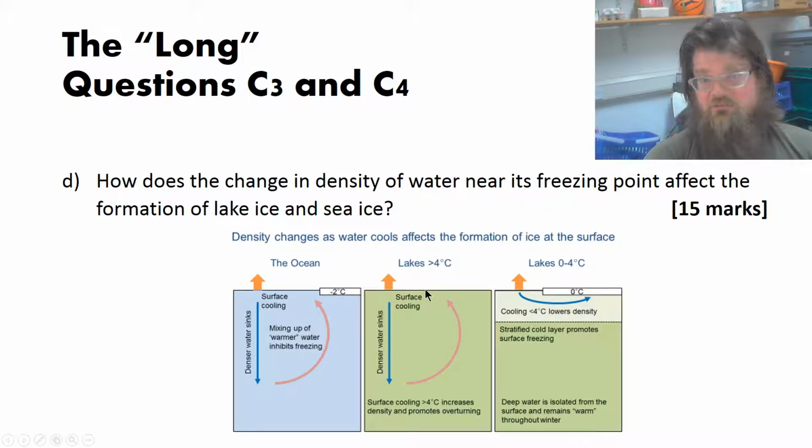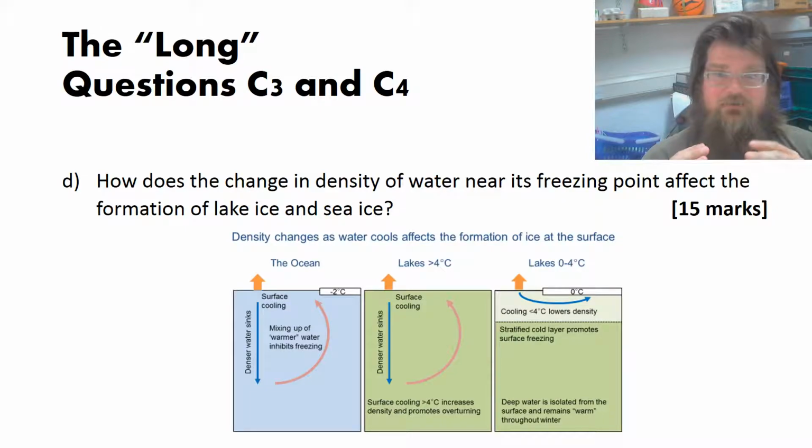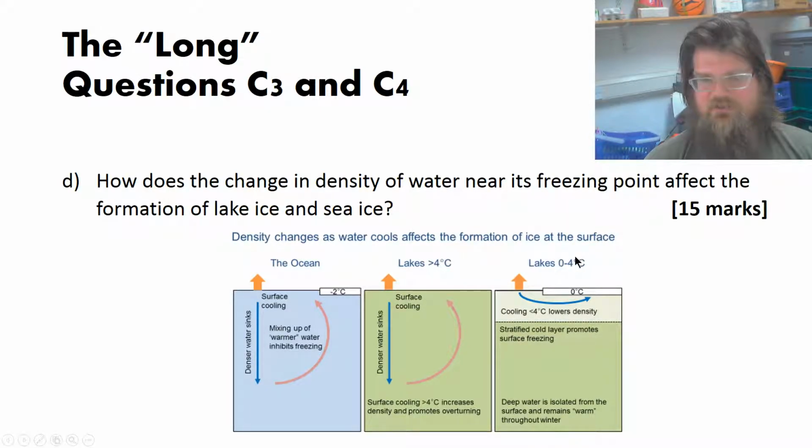Lake overturning occurs because water does get denser as it cools down, but only when it's warm. When lake water gets cold, and it gets below this 4 degrees Celsius, it still can lose heat to the atmosphere if the atmosphere is colder than the temperature of the water. But if it cools down below 4 degrees Celsius, the water gets less dense, so it basically stays at the surface.